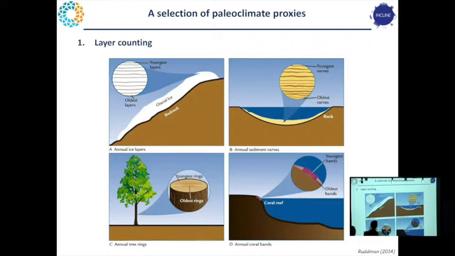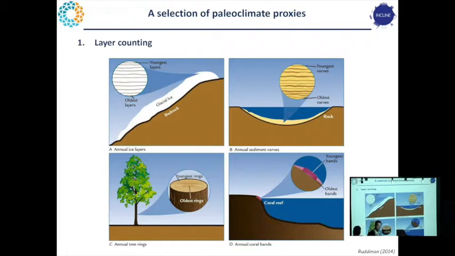If we have one age, and this may be the uppermost layer in a marine sediment core, or in a coral, this may be the age of collection if it's still active, we may then go back in time and have an age model that is as accurate as our counting and as accurate as our assumption of the time necessary to deposit two layers. Good.